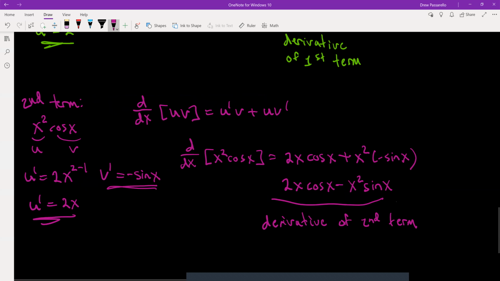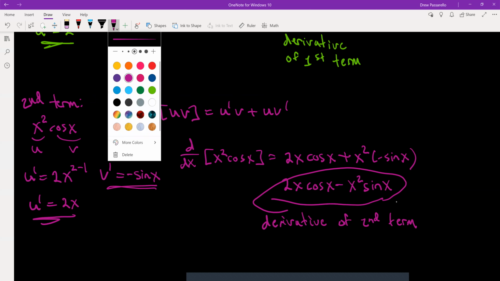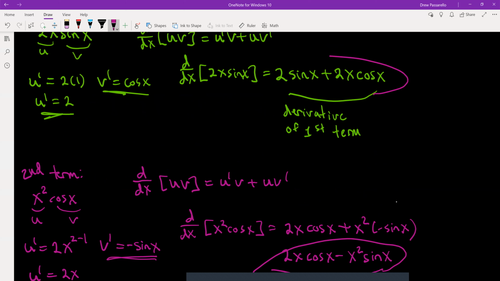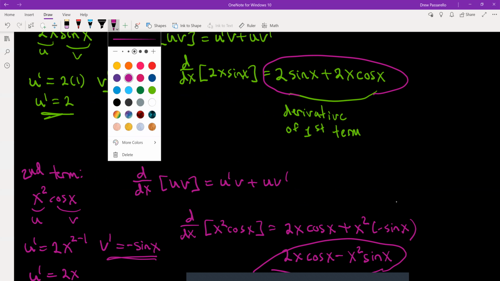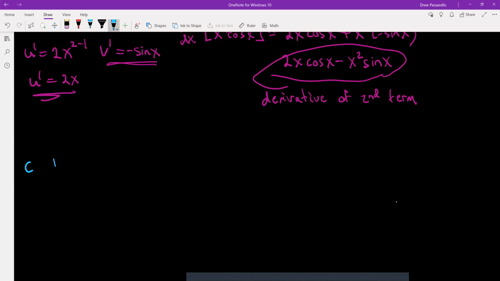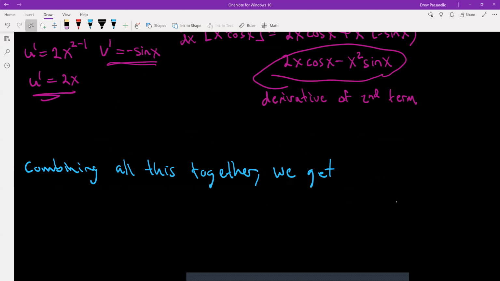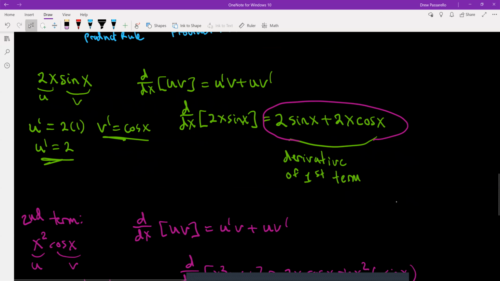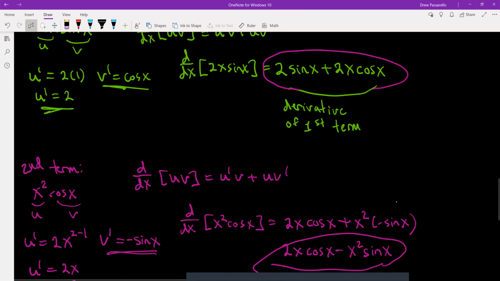All right, so I'm going to combine all of this together and get the end result. So we get, and our original function was y, so it's going to be y prime.